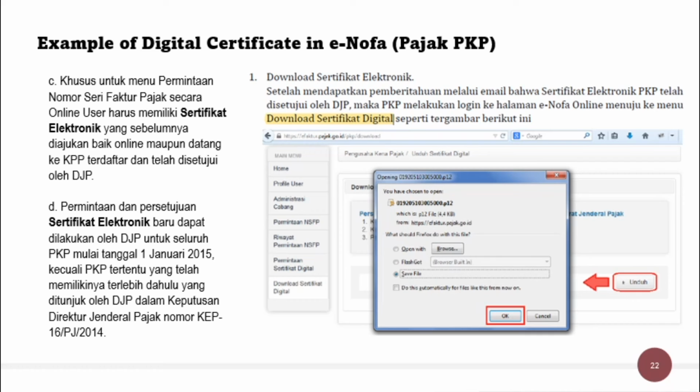So the wajib pajak, or taxpayers, can download their certificate from Innova, which is the certificate for tax, issued by the government in the tax department. Okay, kantor pajak, ya, the tax office.